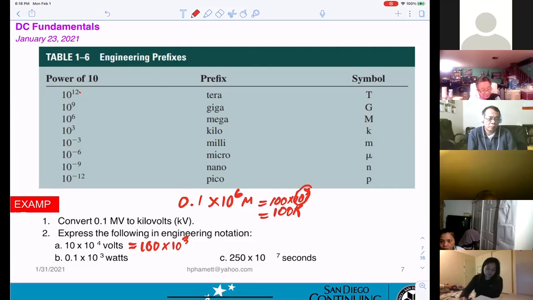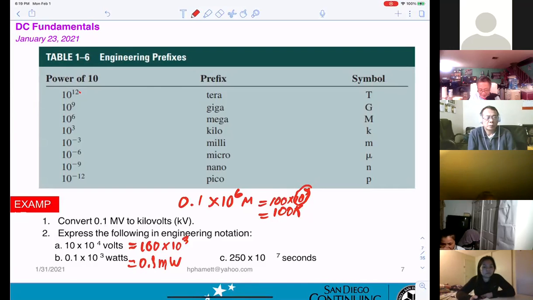One watt equals 1,000 milliwatt, right? So that one can equal 0.1 milli, right?